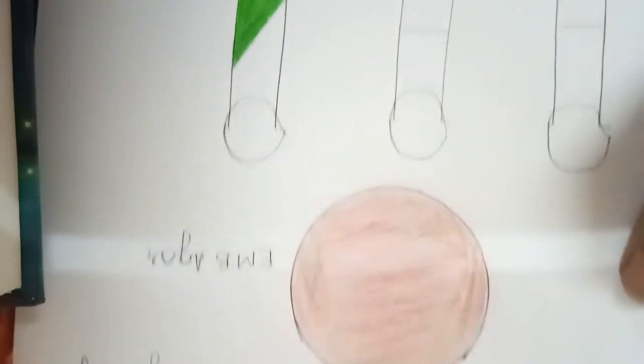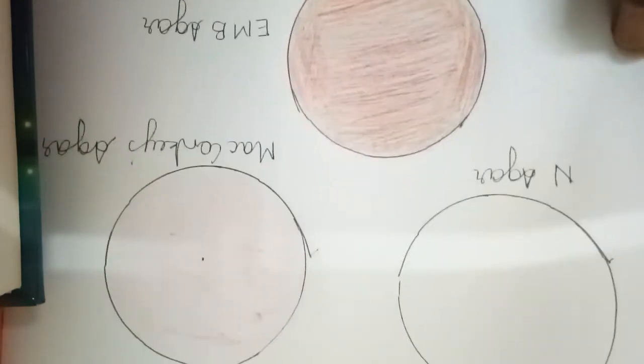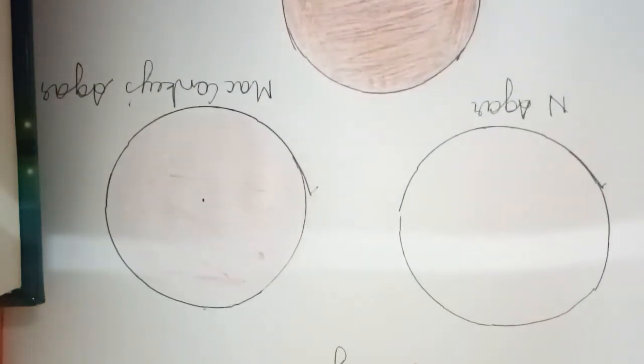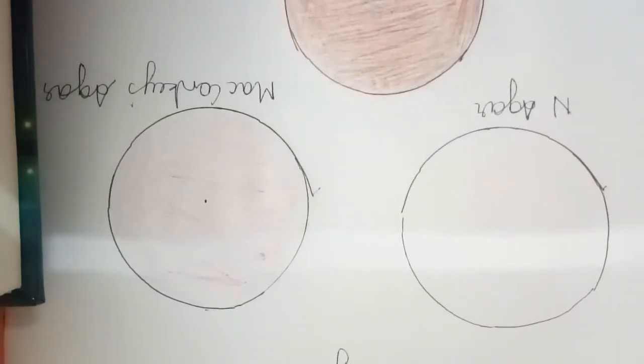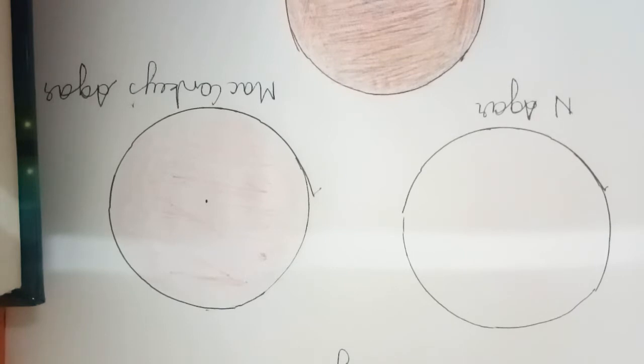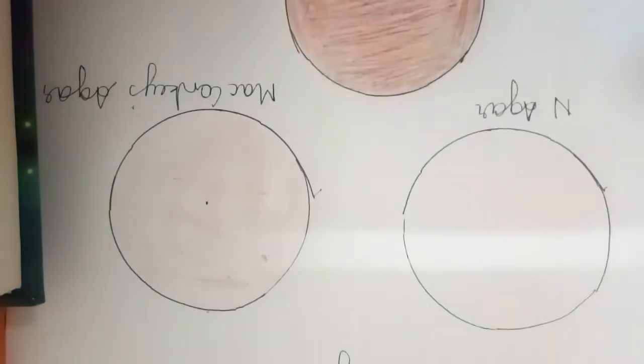So now what is to be done? On the first day we are going to inoculate 2 different media plates, that is N agar and McConkey. Now how to be inoculated, so that we will see now. Okay, so you have to imagine that the pen which I am using is our nichrome wire loop.